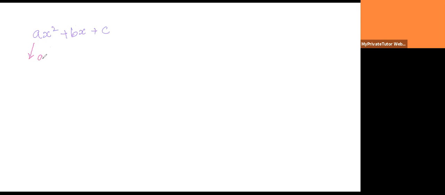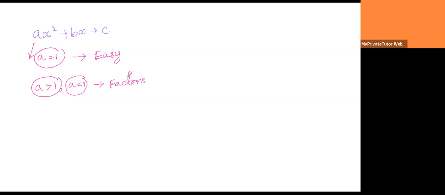If a equals 1, it's a very easy way, finding the factors is very straightforward. If the a value is more than 1 or less than 1, then we need to use a different method, and it will take a little more time to find the factors.